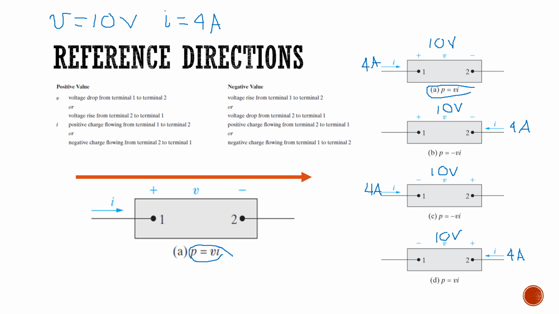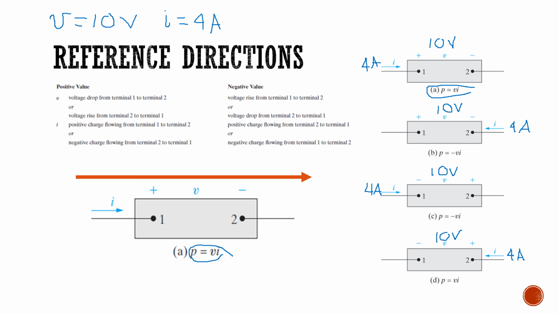Now, I want to change these such that they reflect the passive sign convention, where the direction of the current flow is entering into the positive terminal.